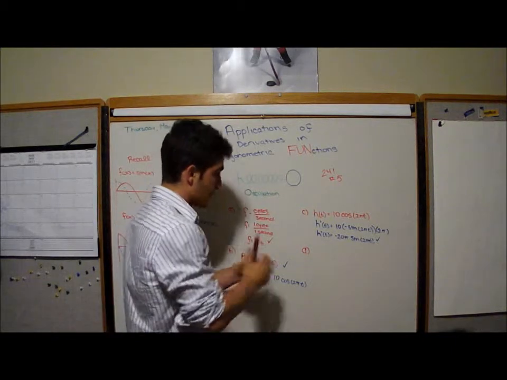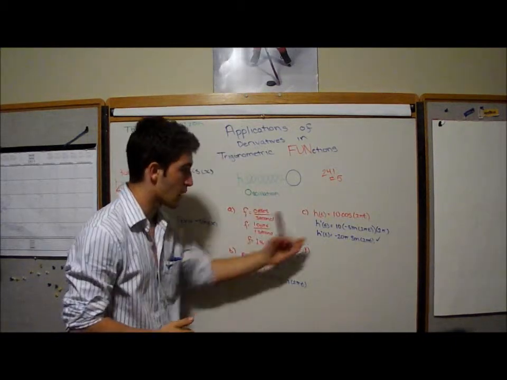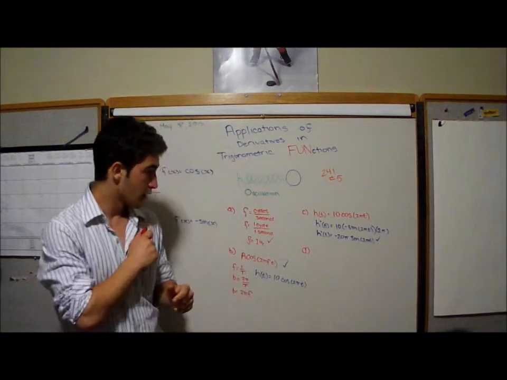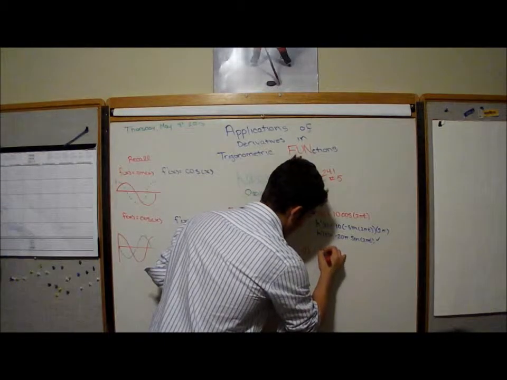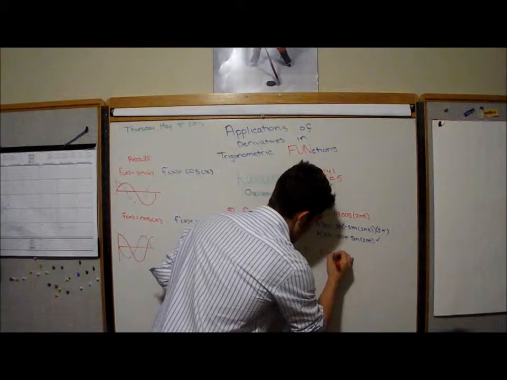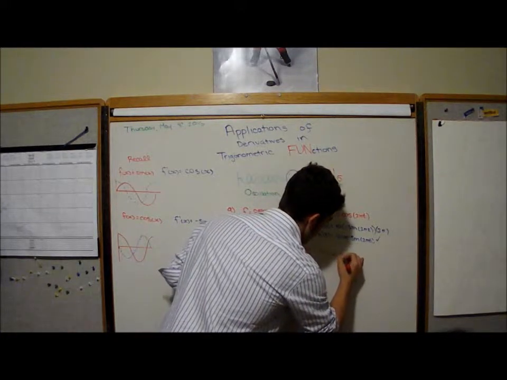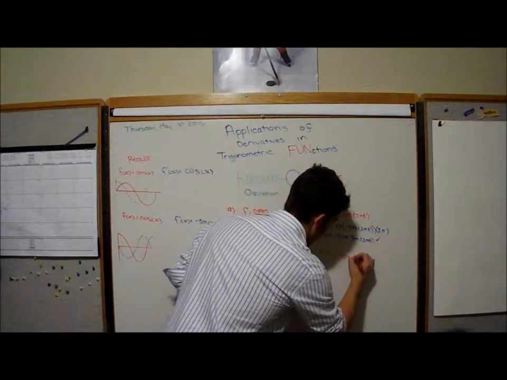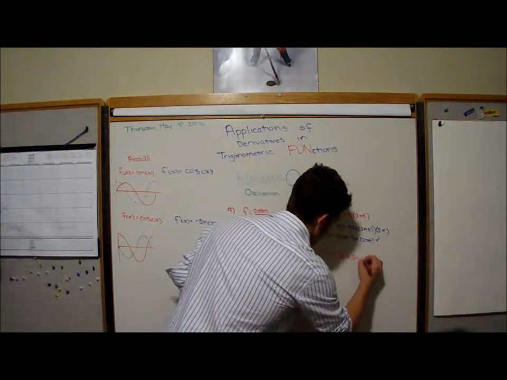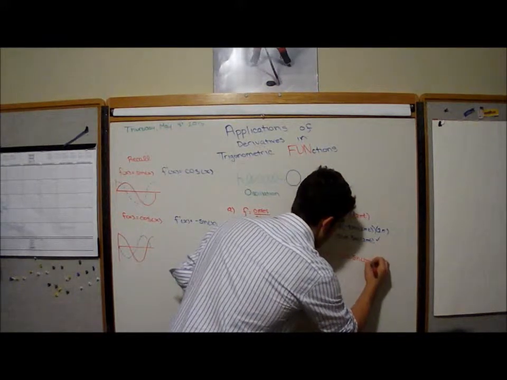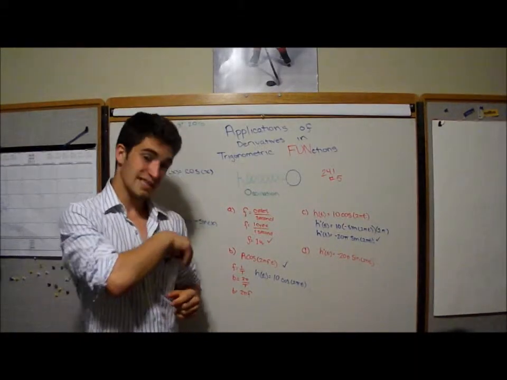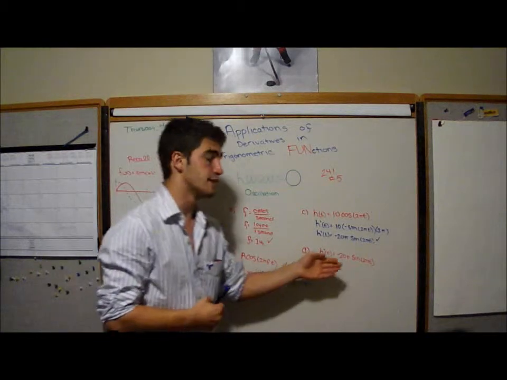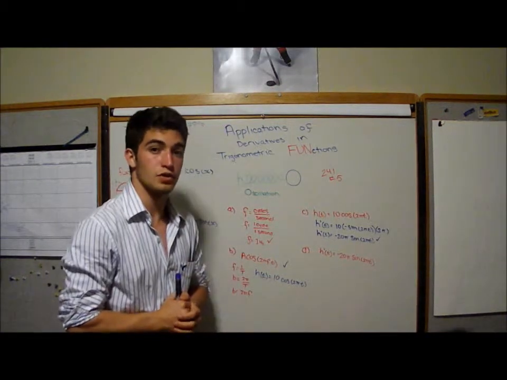For the sake of it, because we already did those steps, I'm going to begin with my derivative function. H prime t is equal to negative 20 pi sine of 2 pi t. And if we want the second derivative, we are just going to be differentiating this function.